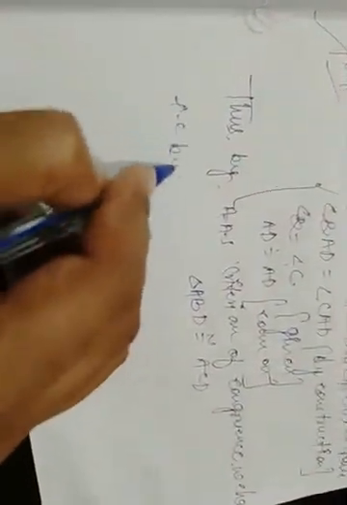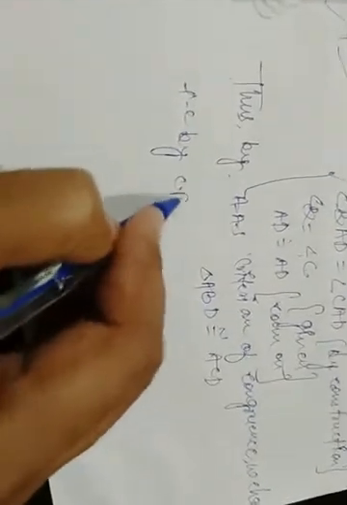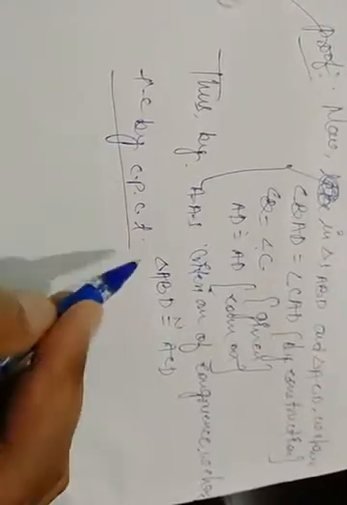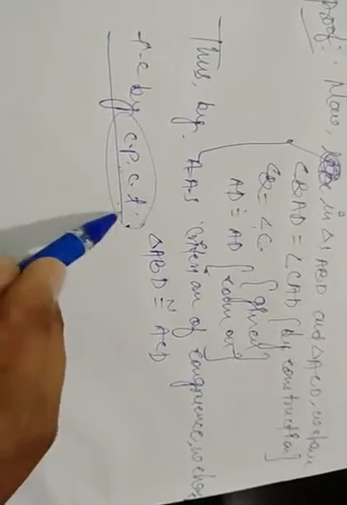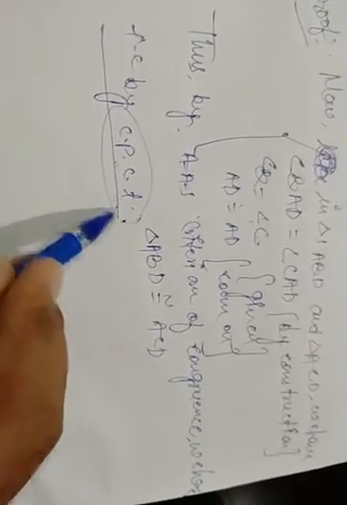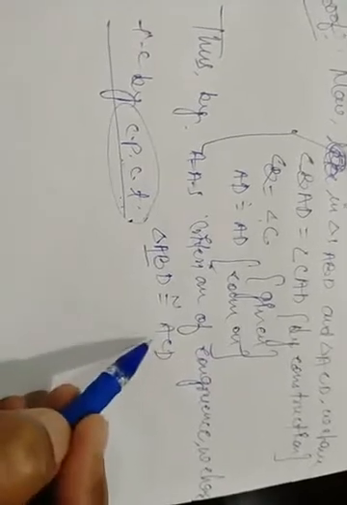Then by CPCT, what is the meaning of CPCT? Corresponding parts of congruent triangles. Then by CPCT we have AB is equal to AC.